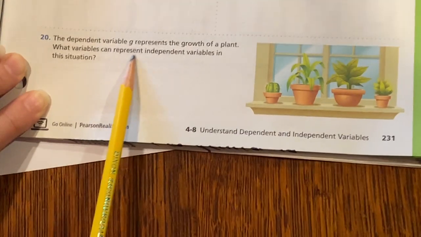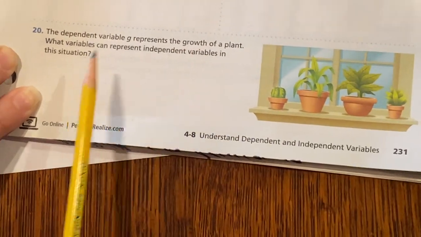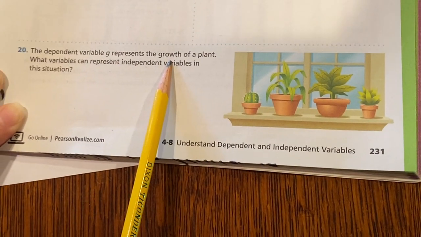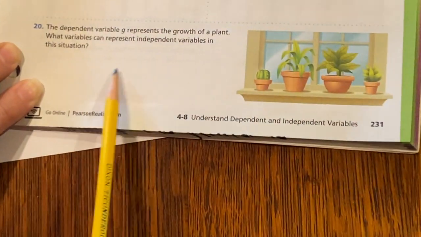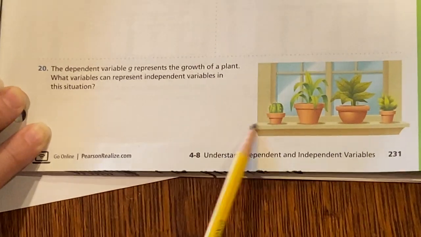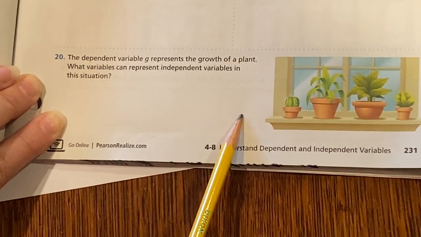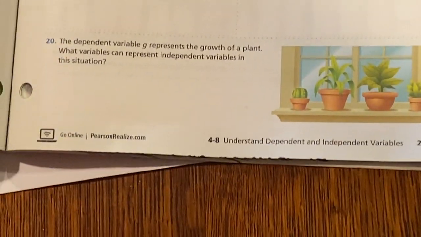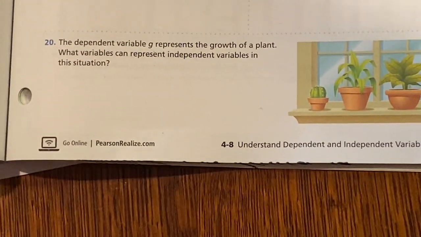What variable can represent independent variables in this situation? G represents the growth. What are some independent variables that could be involved in this situation? All right, think about those and write your answers and come back when you're ready to check them.